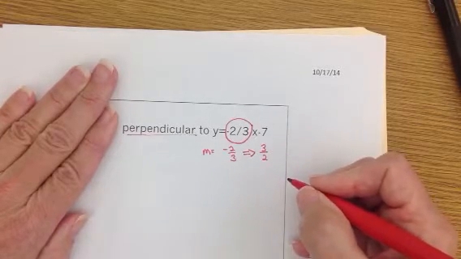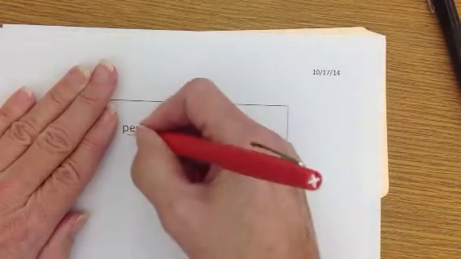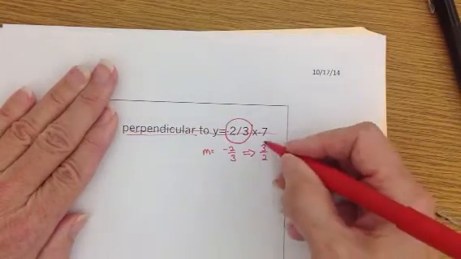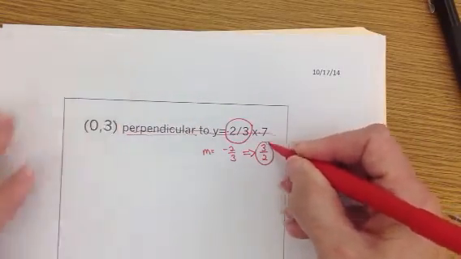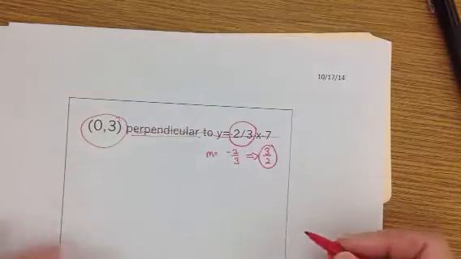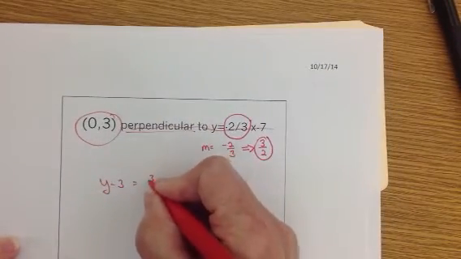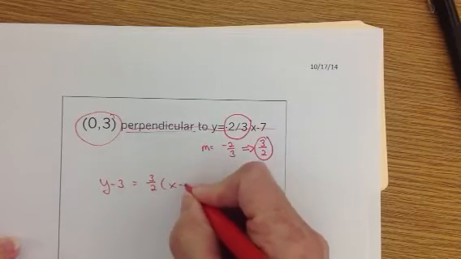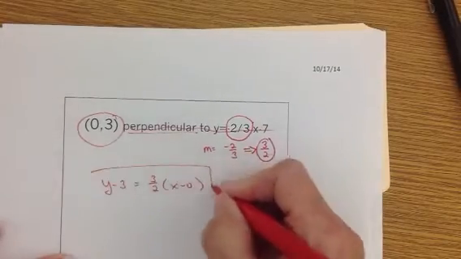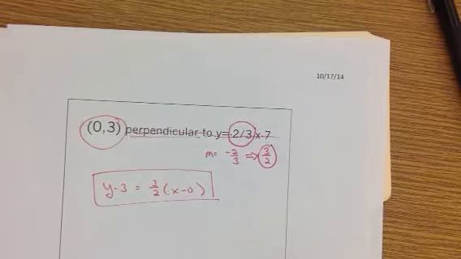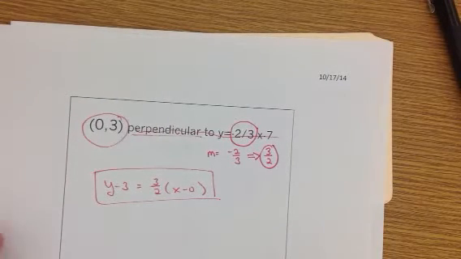Now I'm done with this and can discard it. All I'm going to do is use this slope and this point and put it in my point slope form: y minus 3 equals 3/2 times x minus 0. Just leave that 0 there for now. We'll talk about cleaning them up in the next video. So that is in point slope form.